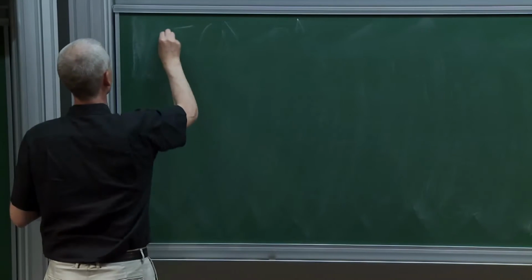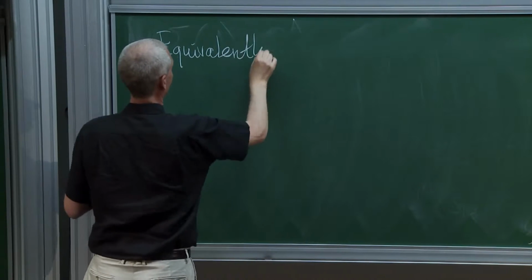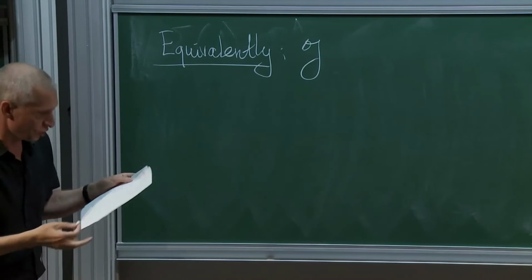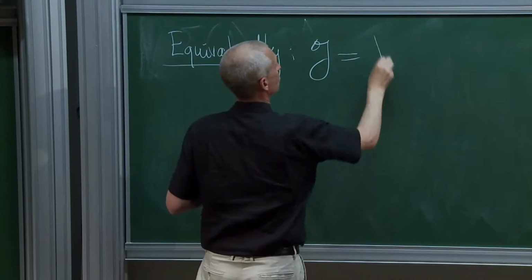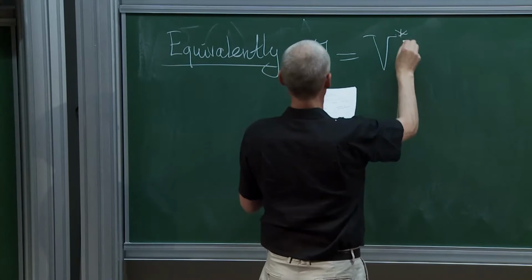So let's call this vector space G. It is the dual space to my space of generators, V star shifted by 1.